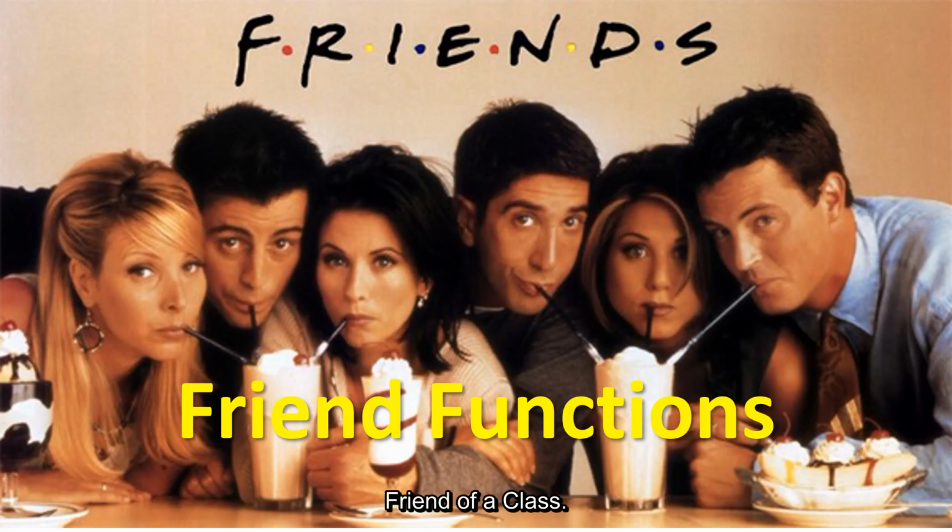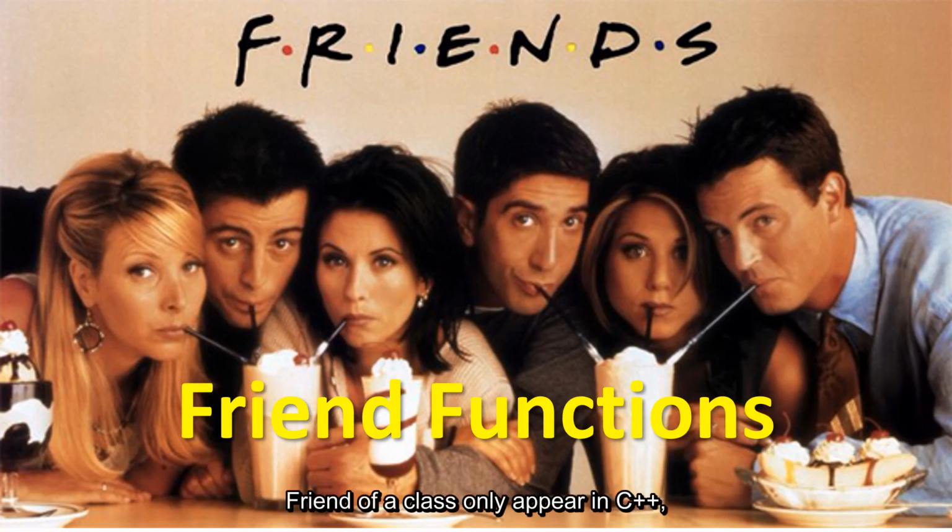Friend of a class. This is a controversial topic in C++. The controversy is about encapsulation. Whether friend violates encapsulation or enhances it, I leave it to you to decide where you stand on this issue.